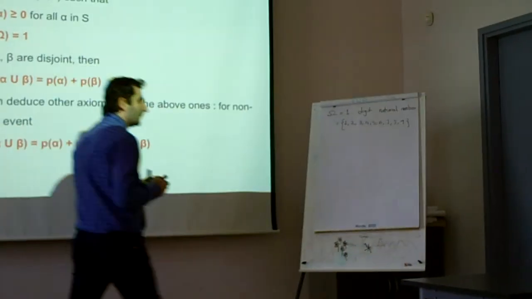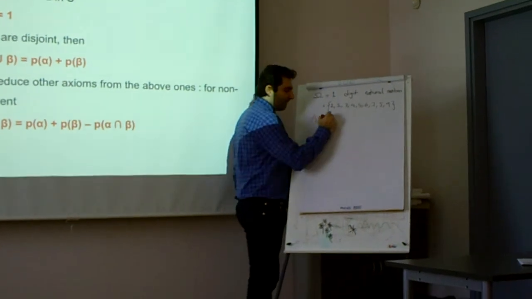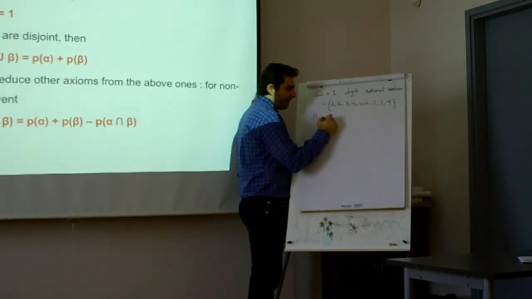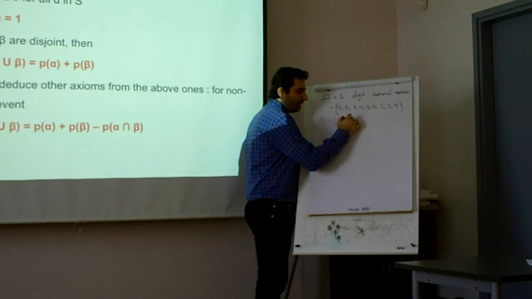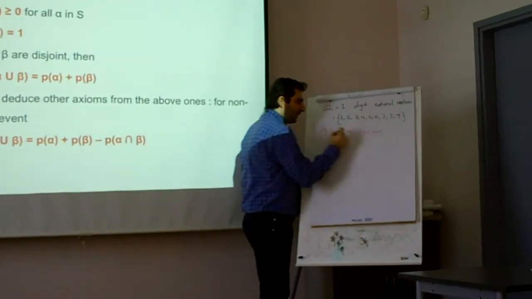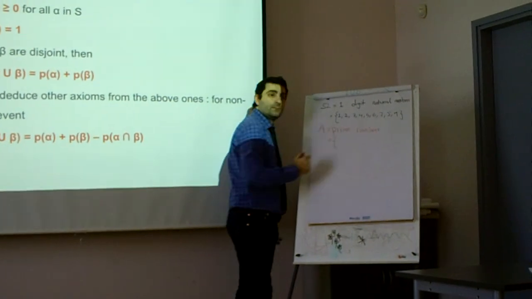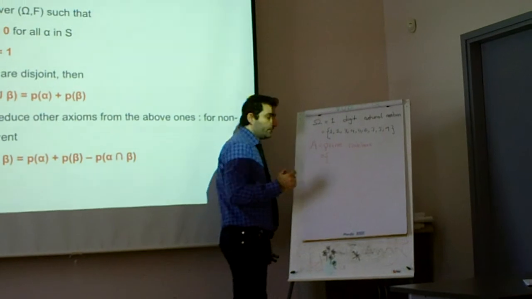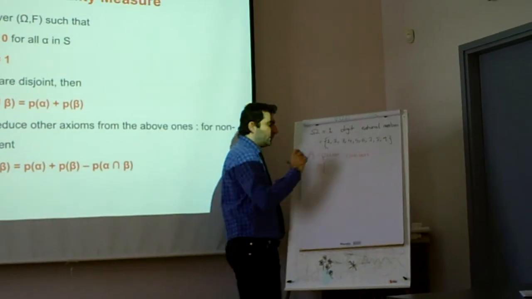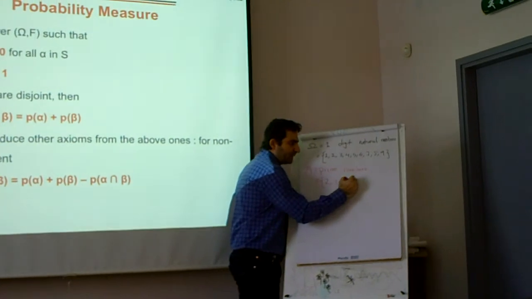Now, A is the prime numbers in omega. Can you tell me what they are? 1, 2, 3, and so on. No, 1 is not included. 2, 3, 5, 7.